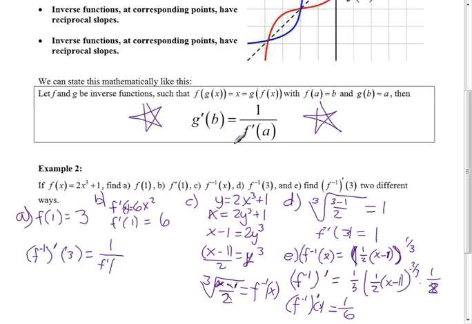When we plugged in 1, we got 3. So that means on our inverse function, we would have the point (3, 1). So to find the derivative of the inverse at 3, we need to take the reciprocal of the derivative of our original function at 1, which is just going to be 1/6.